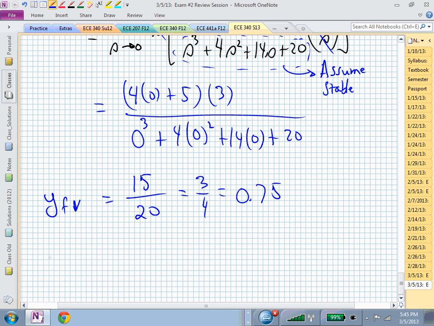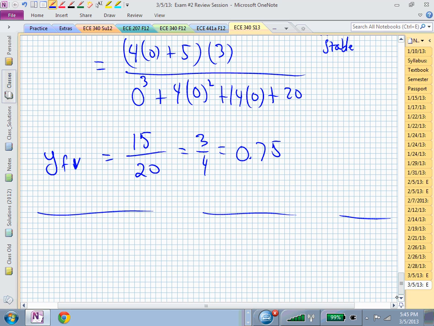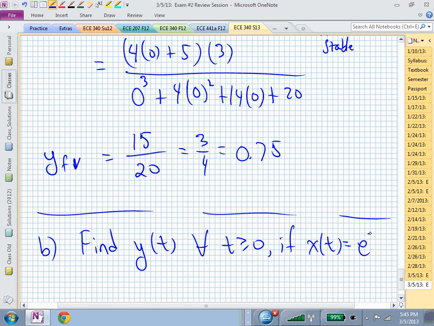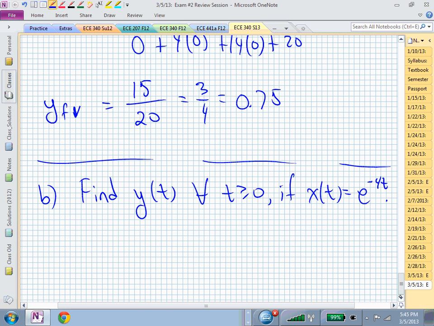Maybe part B says with the same system, find y of t for all t greater than or equal to 0 if x of t is now e to the minus 4t.